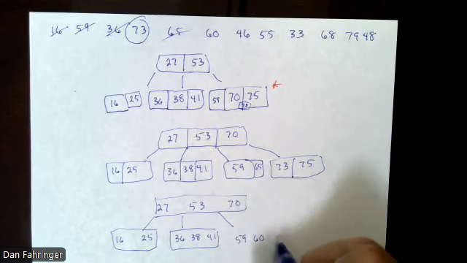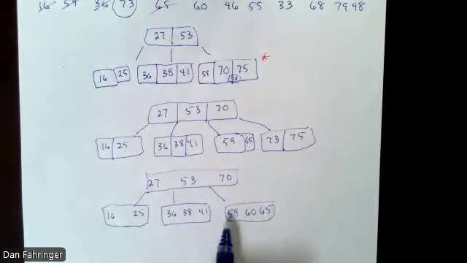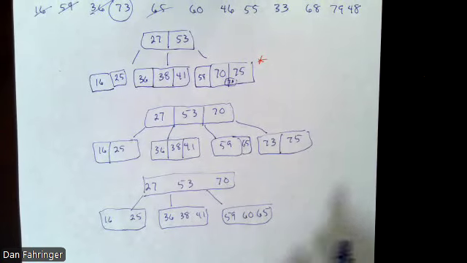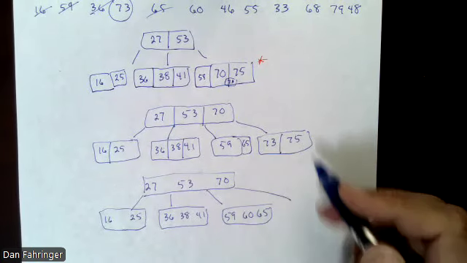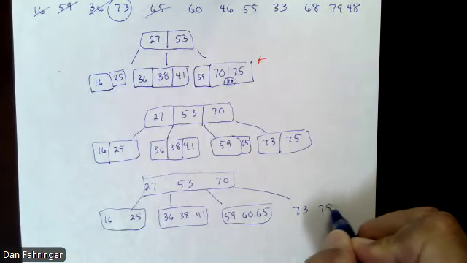I was putting 60 in here and 65. And again, you see, I didn't insert it in the beginning. I inserted it sorted. And over here is 73 and 75.